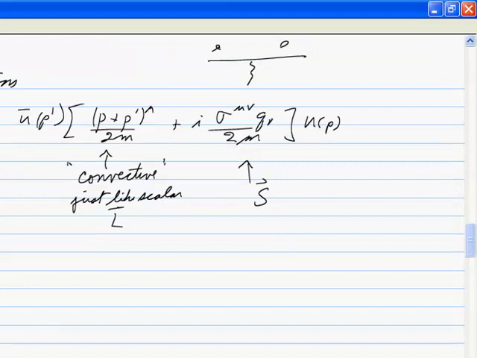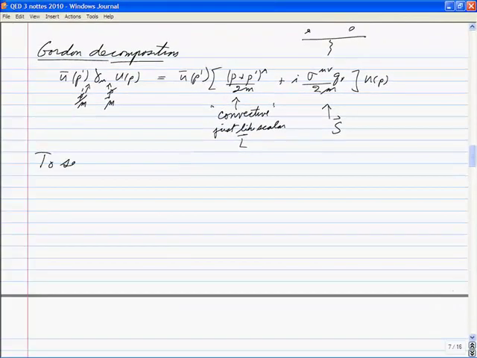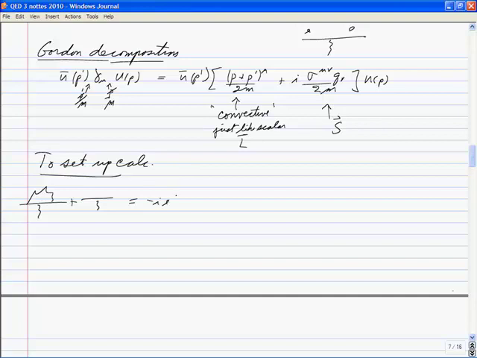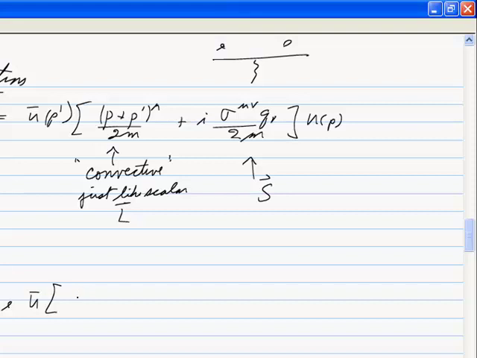Then the part that goes into the calculation: to set up the calculation, we recall we wrote this vertex out, plus the original one, as minus i e u bar gamma mu F1 of q squared plus i sigma mu nu over 2m q nu F2 of q squared.